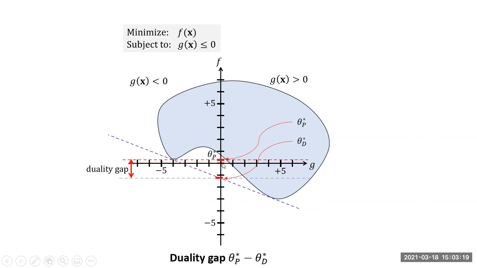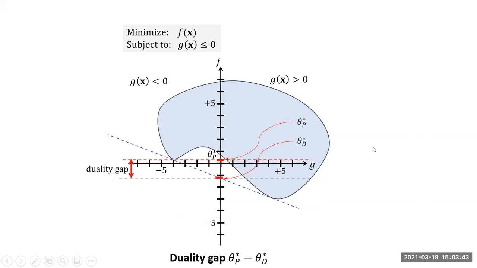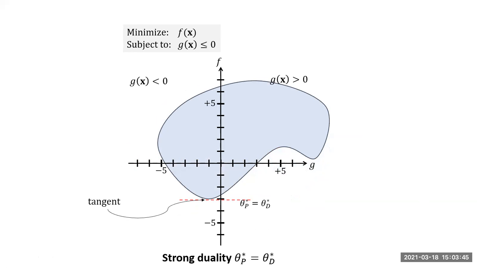So this is my theta d star, and this is my theta p star. And graphically, you can clearly see the duality gap here. Theta p star is more than theta d star. This is the duality gap. Here, for this case, what's the duality gap? 0.